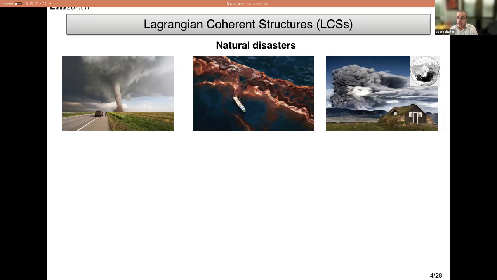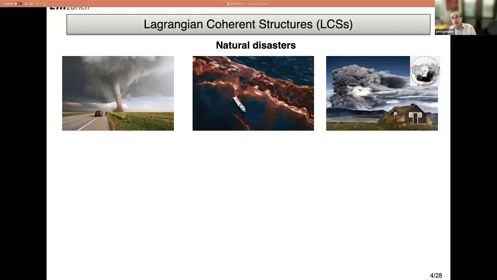The oil spill that I have mentioned, the Gulf oil spill, was another event that brought various patterns in nature, in flows, into the focus of attention. And also there was this earlier, I forget the year, but another, perhaps not a natural disaster, but this volcano eruption somewhere in Iceland, if I'm not mistaken, that ejected a lot of dust and volcanic ash in the air, and all of a sudden it was a major impediment to air traffic in Europe, and you could see these structures in the air.